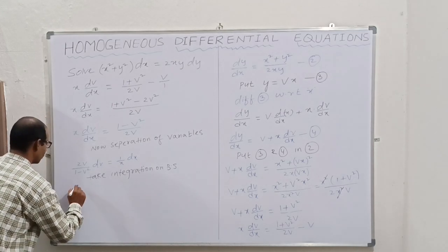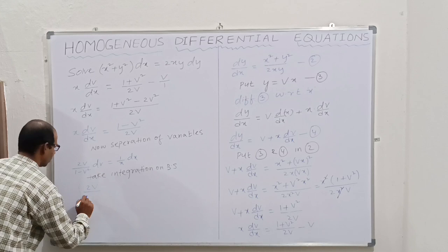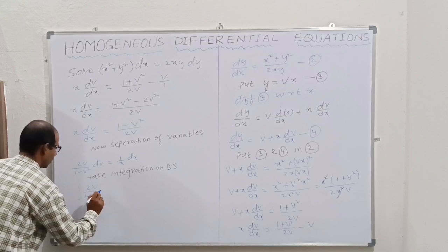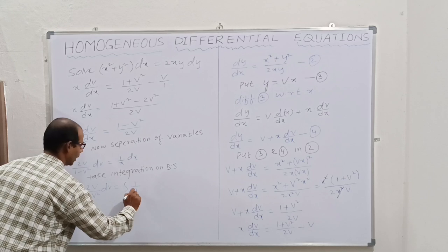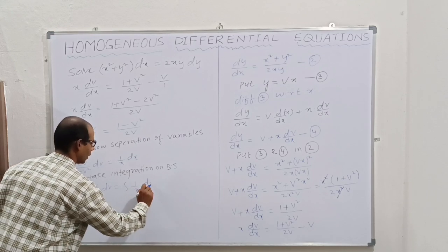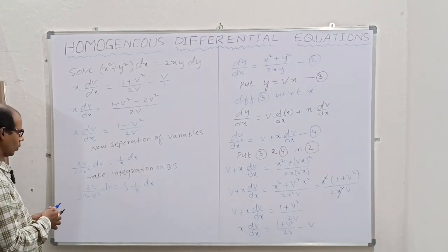So therefore integration of 2v upon 1 minus v square dv is equal to integration of 1 by x dx, right? So now here we are going to adjust and use the formula.